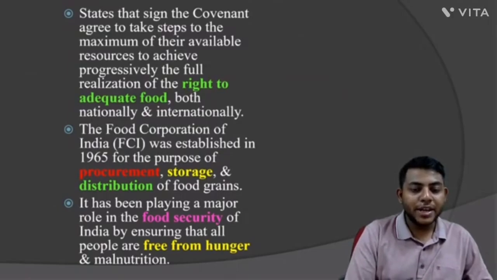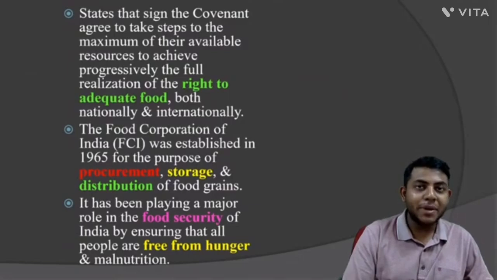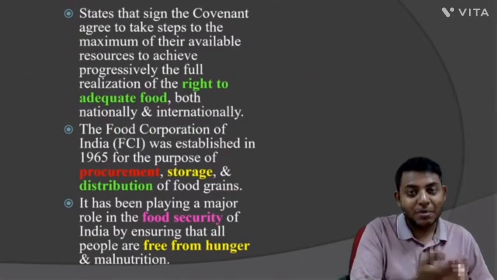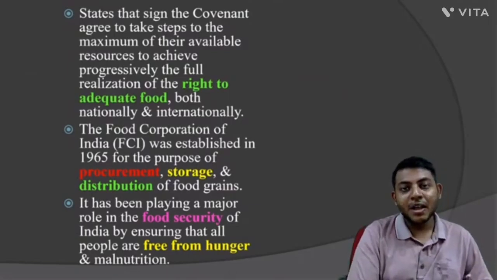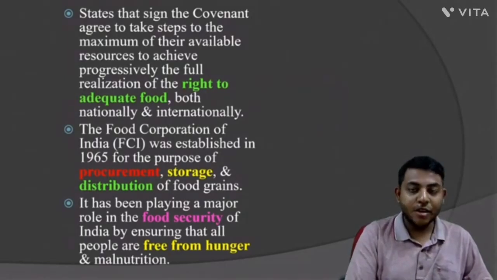So the Food Corporation of India was established in 1965 for the purpose of procurement, storage and distribution of food grains. So after independence, we were not self-sufficient in the area of food security, in the area of food production.